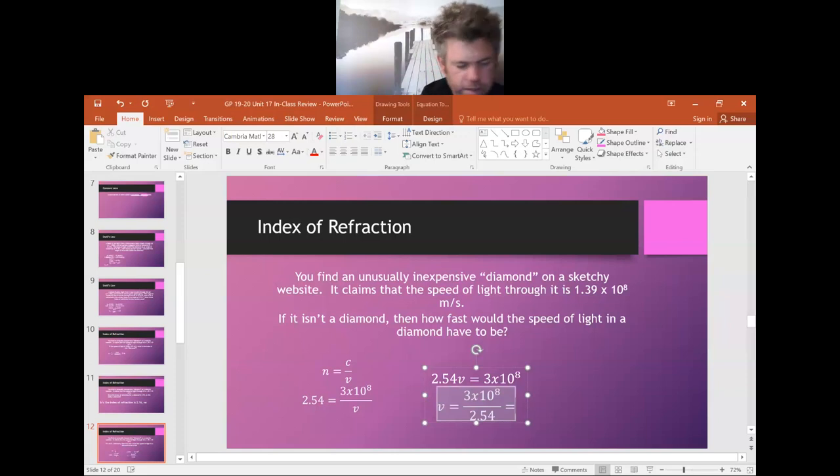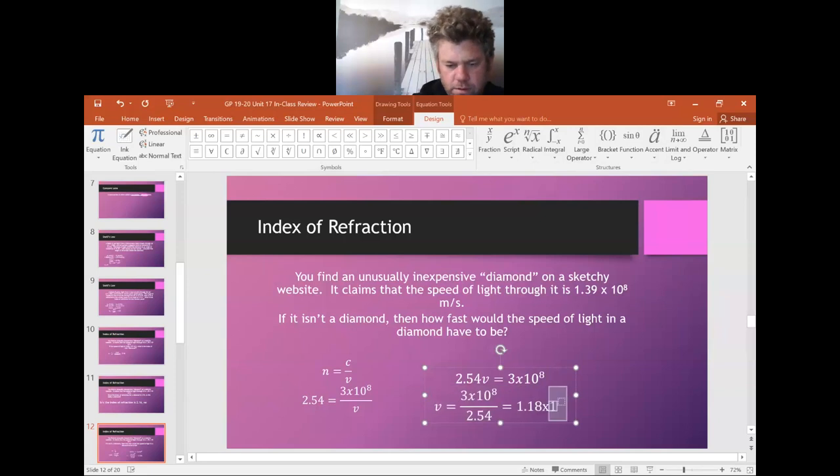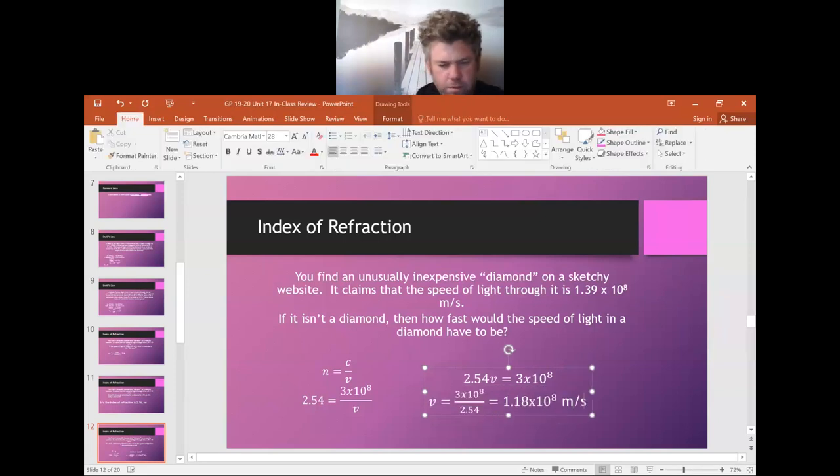I find that I get 1.18 times 10 to the 8th meters per second. Okay? That's how we would find that index of refraction there.